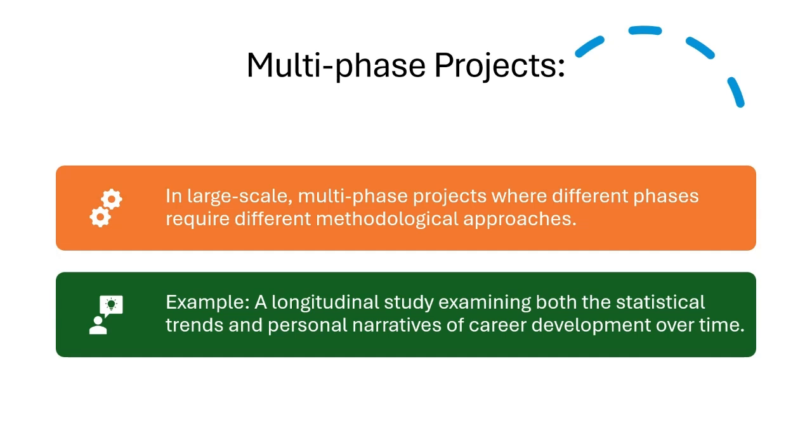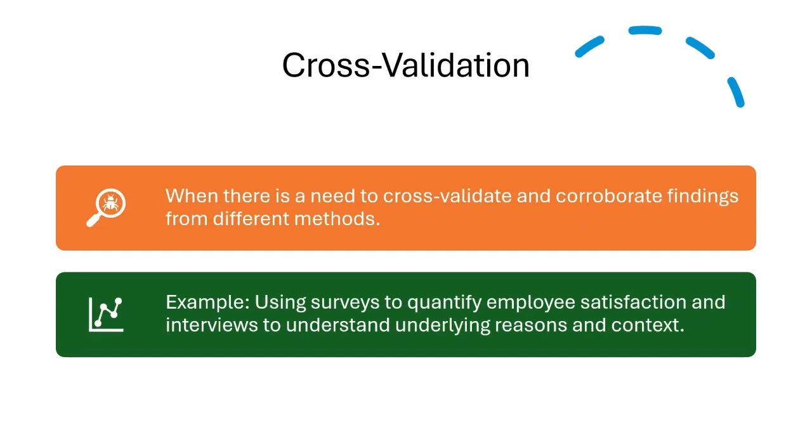So the cross-validation is also useful when there's a need to cross-validate and corroborate findings from different methods. So for example, using surveys to quantify employee satisfaction and interviews to understand the underlying reason and context.